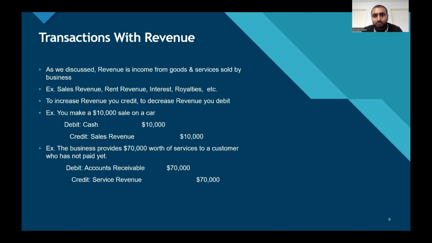So since we performed a service for them, we still identify it as service revenue on the day that it was performed and finished. So service revenue is obviously a revenue account, and to increase a revenue account, we credit it. So we credit service revenue for $70,000.